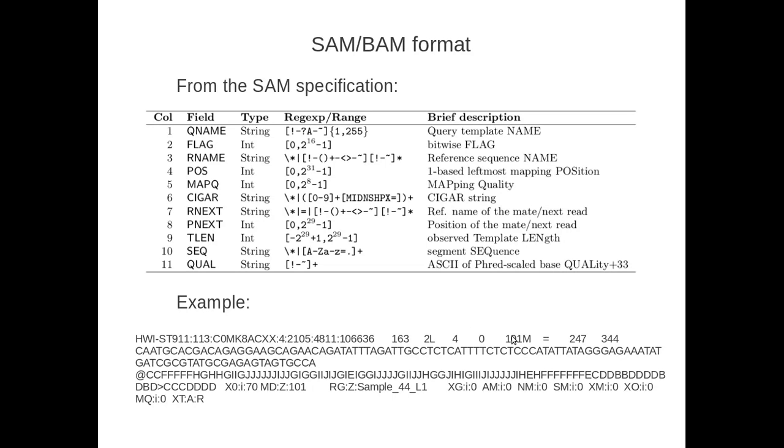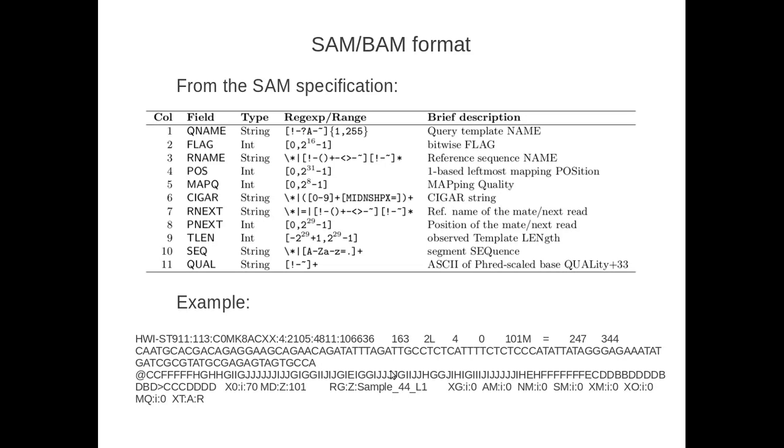This is the mapping quality, the cigar string. Equals here is RNext. That just means that the chromosome of the second read, or the mate, is the same chromosome. It's equal to the 2L. 247 is the coordinate position. This is the TLEN, the distance between the two reads, and this is the base sequence and the base qualities.